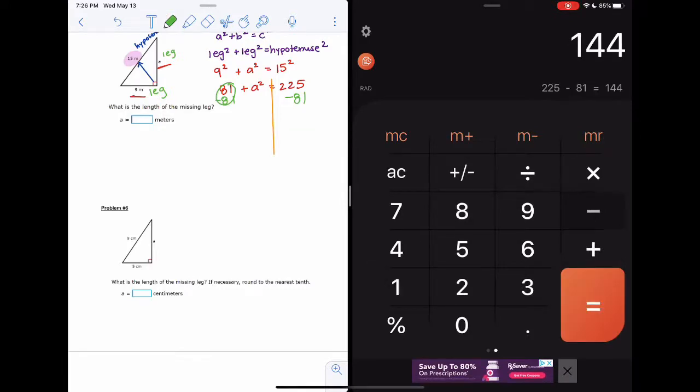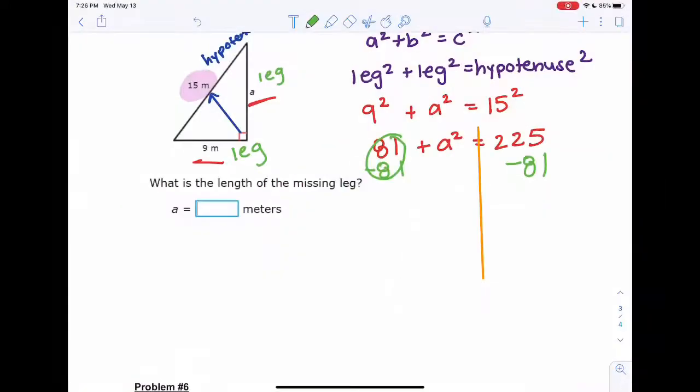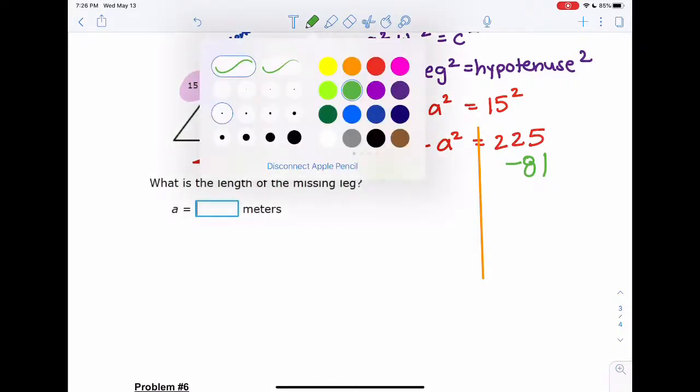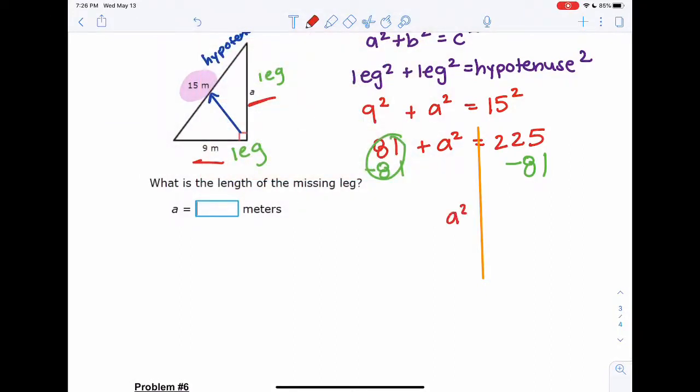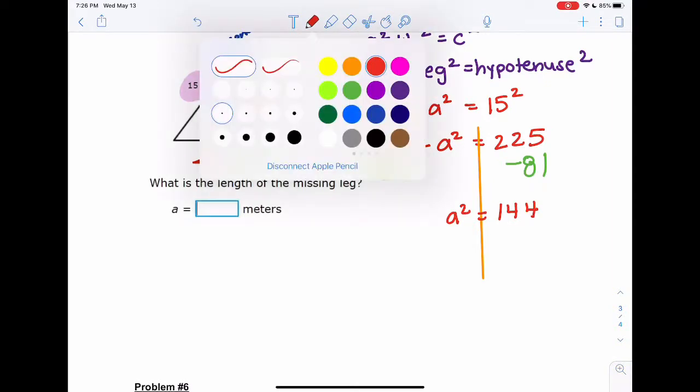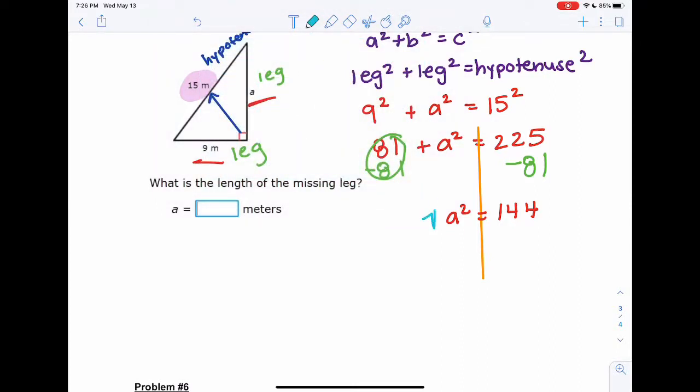And I get that's 144. So bring down my a squared equals 144. I'm not done just yet. You already know what I have to do. I need to take the square root of both sides. And I get a equals 12. So 12 meters is the length of my leg.